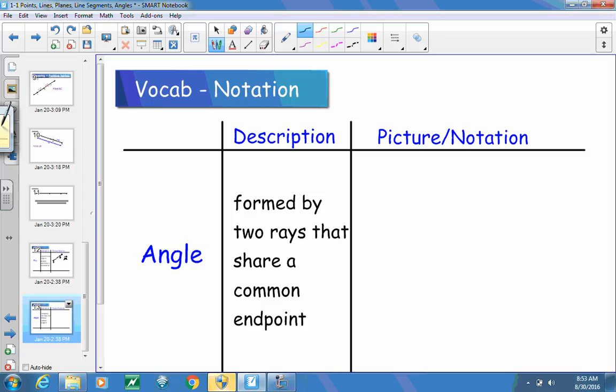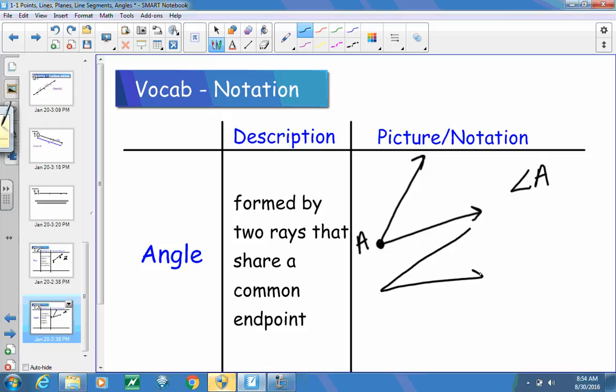An angle is formed by two rays that share a common endpoint. So an angle has two rays. There's my common point right here, and we'll give that a name, so we can say that this is A. One way that we can name an angle is to refer to it as angle A. It's kind of like a slanted L that's used for that. Another way that we can name an angle is based off of three points. If I use X, Y, and Z, we can say that this is angle XYZ.